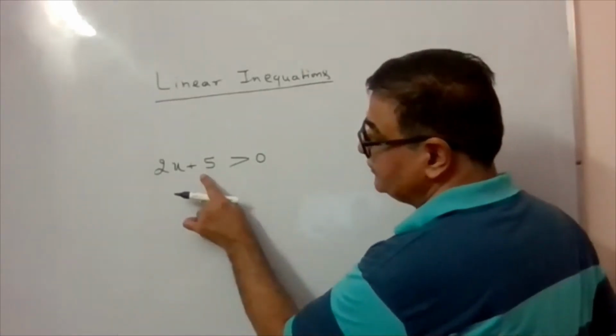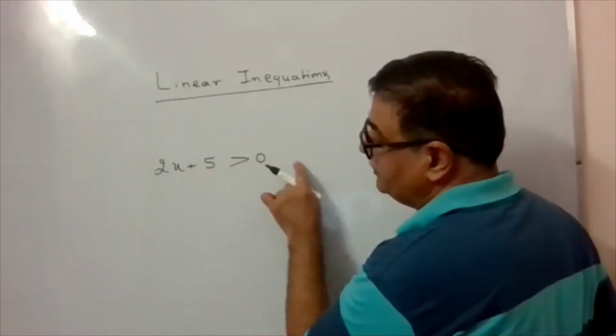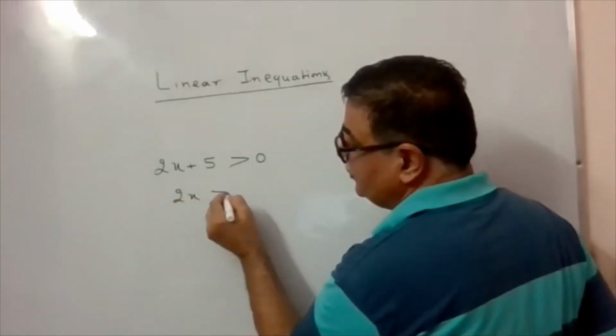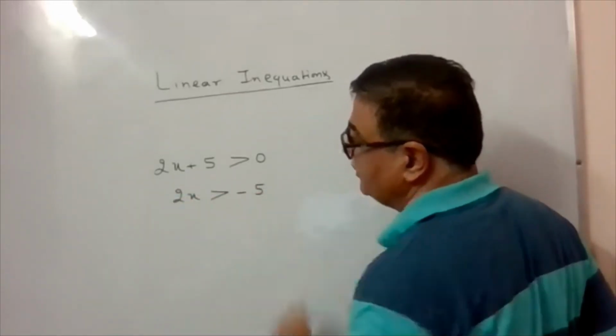Means if I take this 5, plus 5 is here, if I take 5 this side, then I'll write 2x. This sign is not going to change and it is greater than -5.